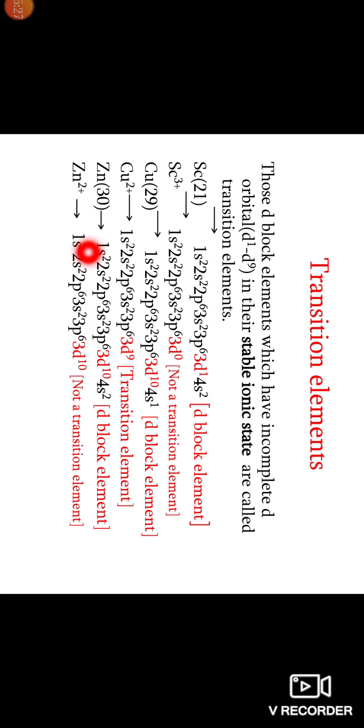What about zinc? Zinc is a d block element, the last electron entering into 3d orbital, and the stable ionic state of zinc is Zn2+, which contains 10 electrons in the d orbital, that is, the d orbital is filled. So zinc is a d block element but not a transition element according to the definition of transition elements.